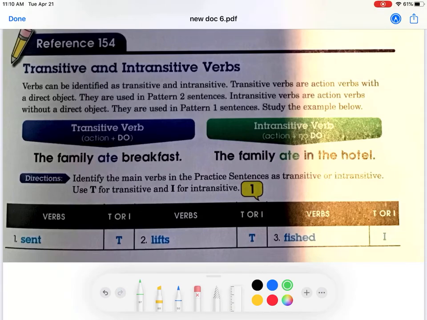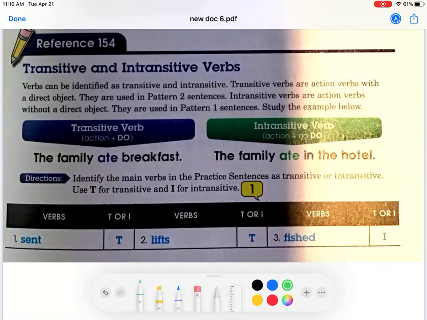Well, it doesn't give us an answer because in the hotel, you might say, well, hotel's a noun after it, but if you look closely, in the hotel is a prepositional phrase. And so hotel is an object of the preposition. What do we know about prepositional phrases? Once we find them, we act like they're not there anymore. So basically this sentence says the family ate. Ate what? Well, it doesn't tell us. There's nothing after it for it to transfer its action to.